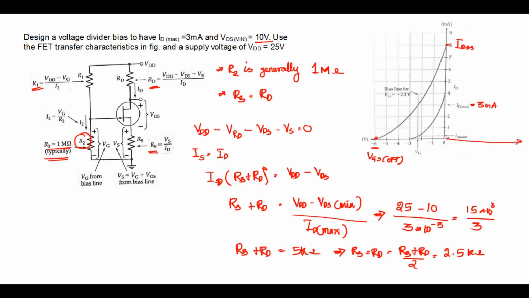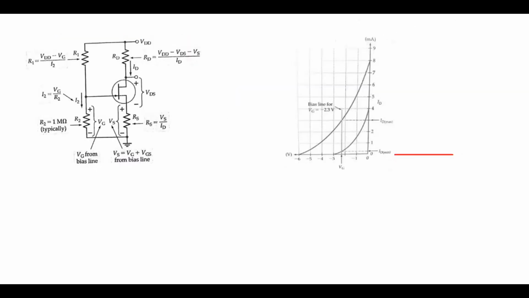Now we need to get the value of R1. In order to get that, we need to do some basic homework, then only we can find R1. So to proceed, we are going to calculate R1. We already have an equation for calculating Vg.